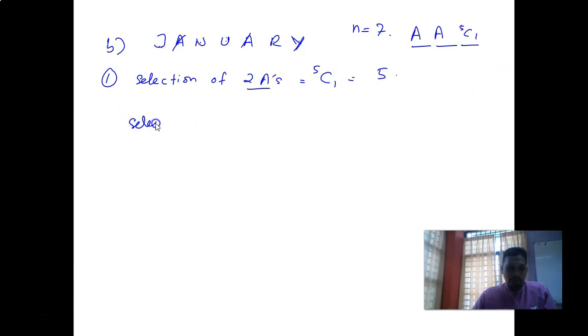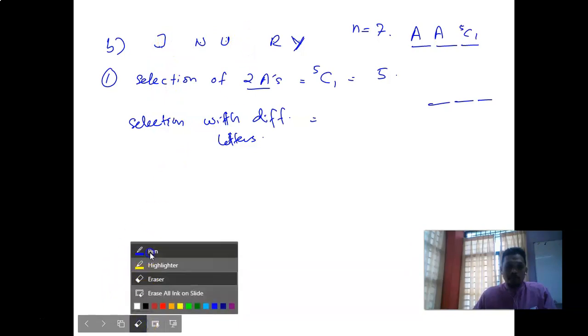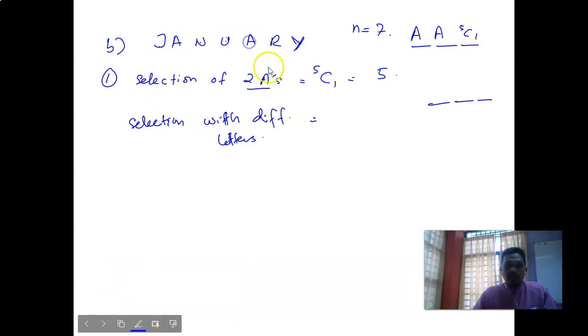If selection with different letters, from these 7 we choose 3. Both of the A's are not in the list of these 3; it might be 1 A or not even a single A. So we assume that there are 6 of them.